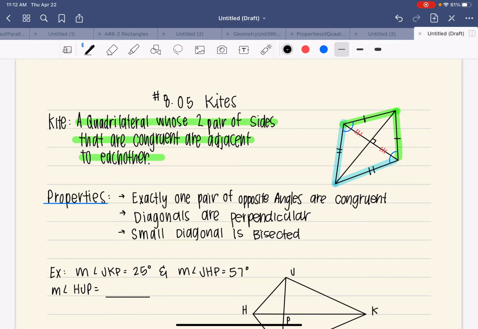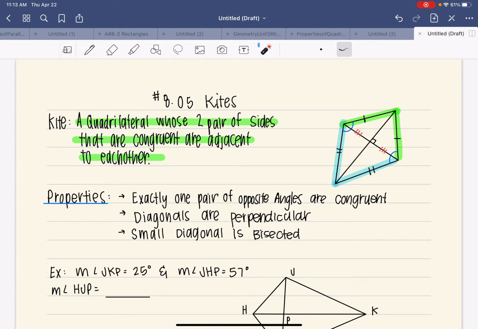All right, so a kite is a quadrilateral whose two pairs of sides that are congruent are adjacent to each other. What I mean is I highlighted in green the two adjacent sides, and those are congruent, whereas the ones highlighted in blue are congruent to each other because they are adjacent to each other.